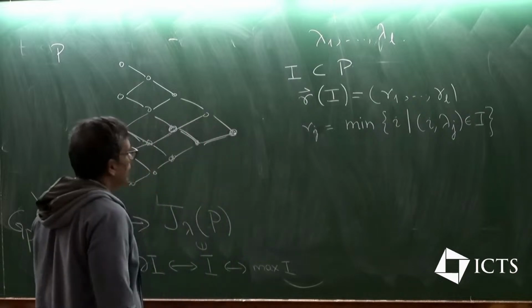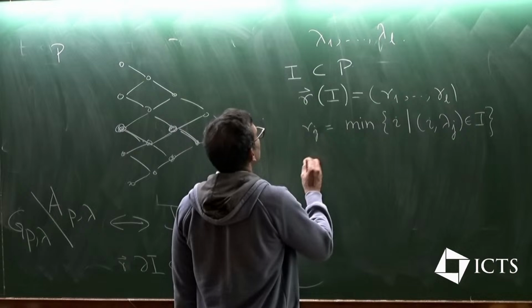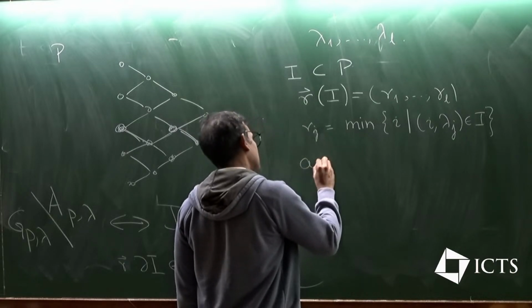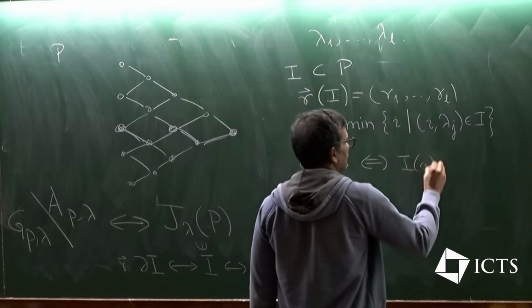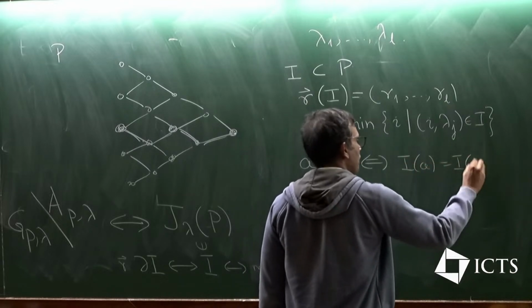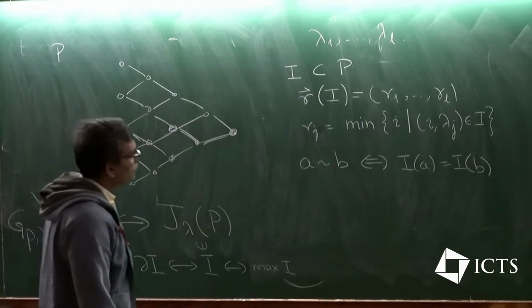And in terms of this, what we have is that A and B lie in the same orbit if and only if I_A is equal to I_B. And using this, you can count the number of elements in any orbit.